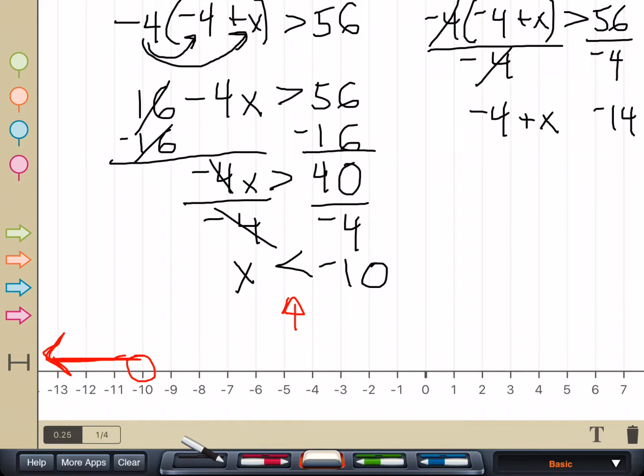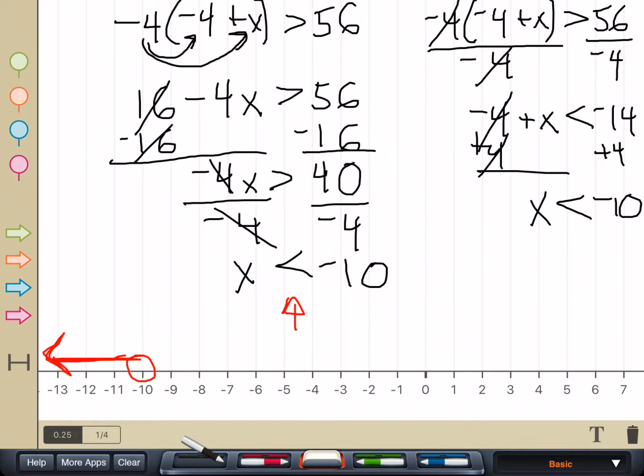However, it's important to remember here that because we have divided by a negative number, we need to change our inequality symbol to its opposite. So now we can just solve as normal. We've got a -4, so we're going to add 4 to each side, and that's going to give us x is less than -10. Okay, so either way you do it, you're going to get the same answer, which makes sense.